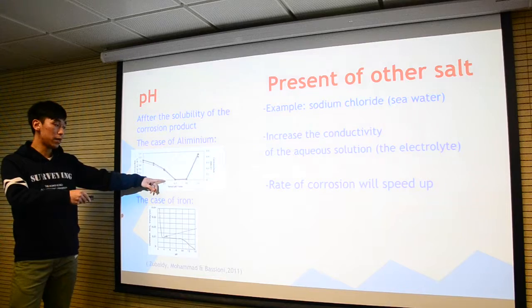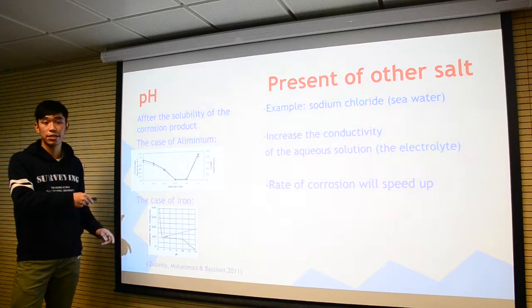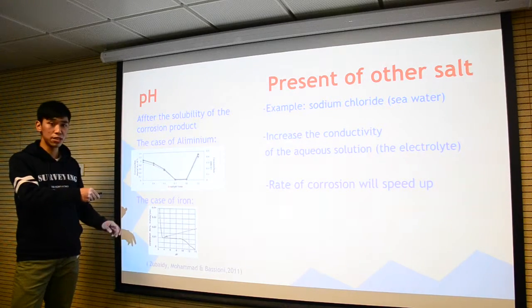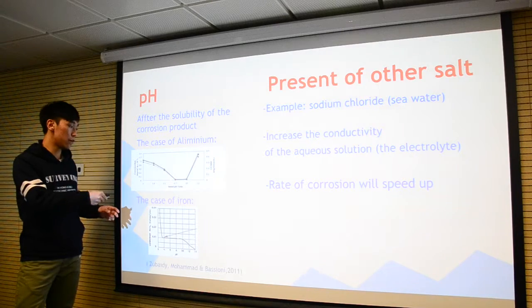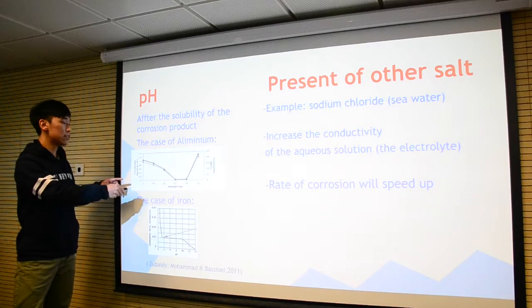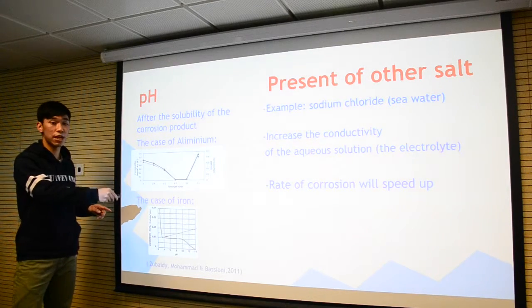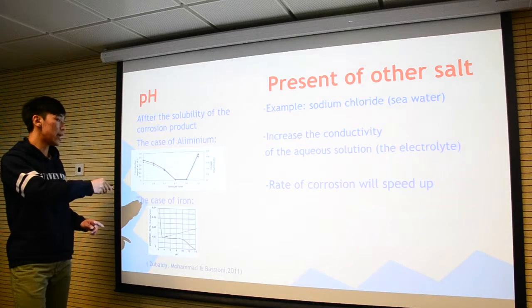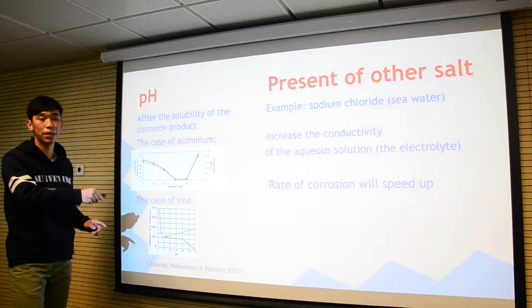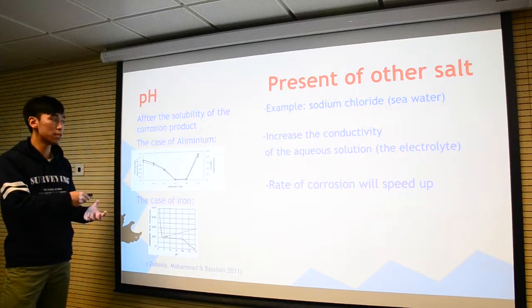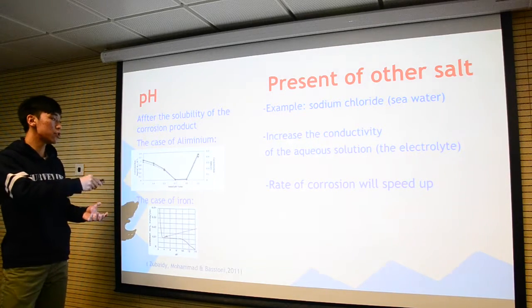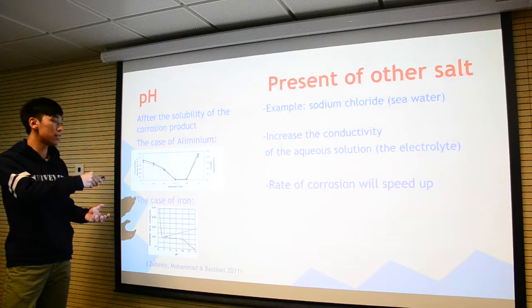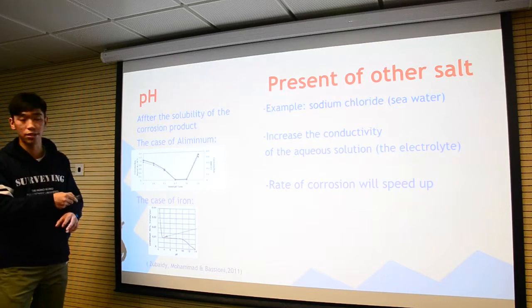At the neutral pH, the metal oxide formed can serve as a protective layer because it is insoluble in the neutral pH environment. However, at extremely low pH or extremely high pH, the metal oxide formed will become soluble, and hence the rate of corrosion will increase in the extreme pH environments.